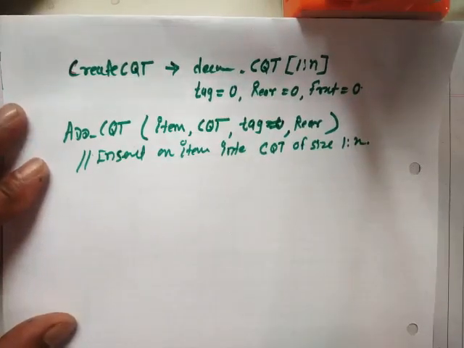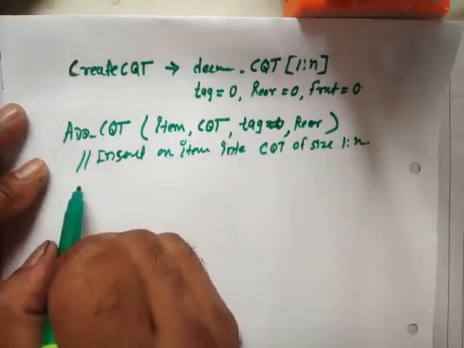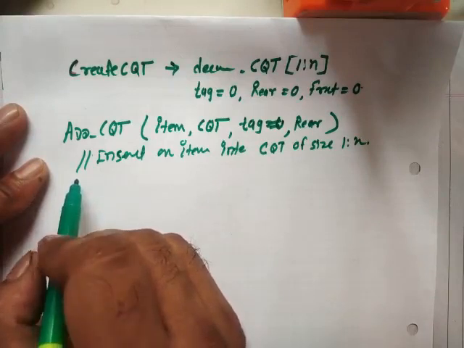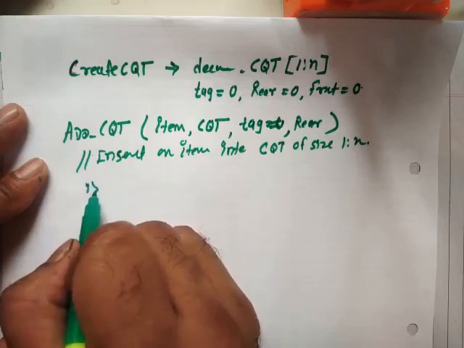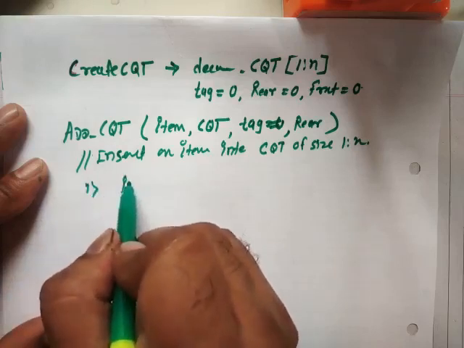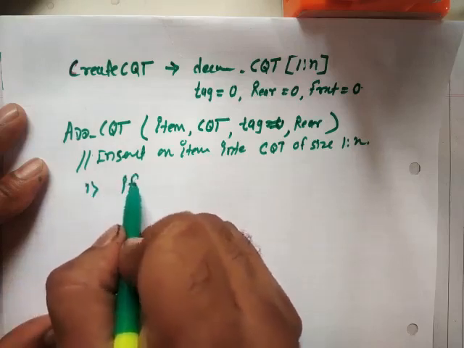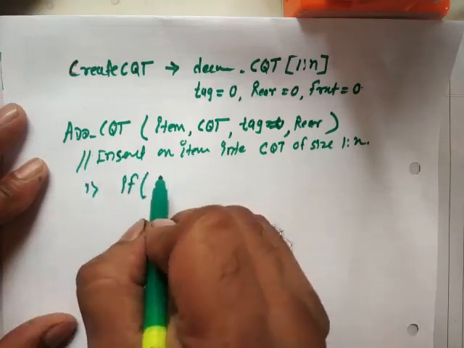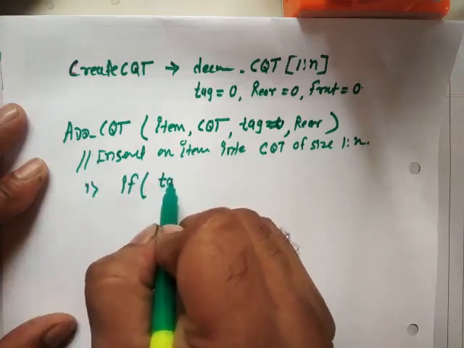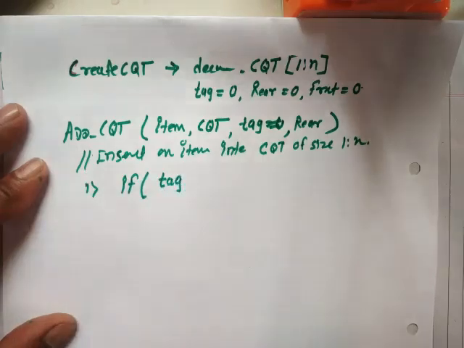Now, before we insert, we check the first condition: if your queue is full. Here we are going to use the tag variable to check the queue full condition.